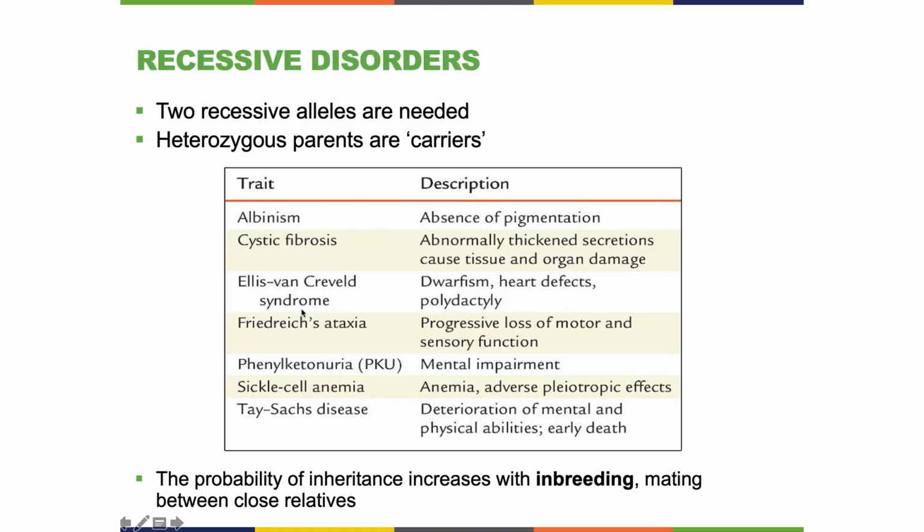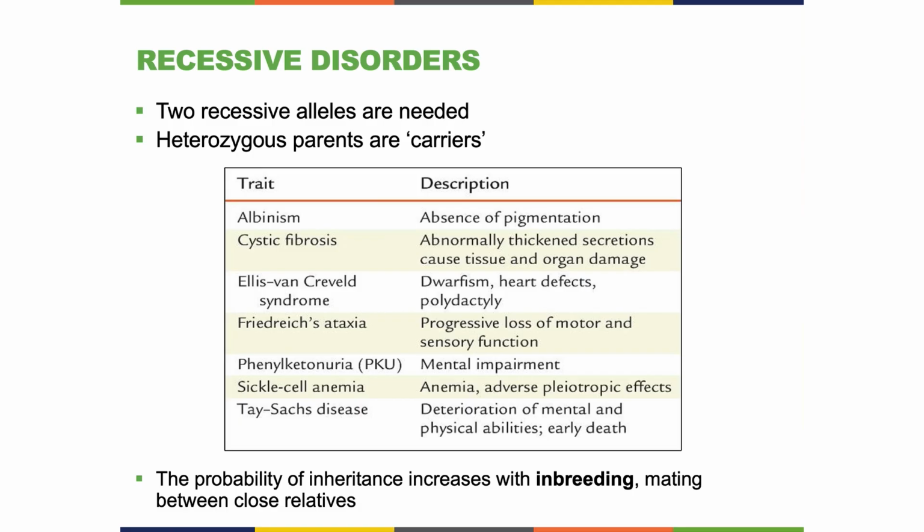Ellis-van Creveld is another that causes a type of dwarfism with heart defects. Friedreich's ataxia messes with your ability to move, motor and sensory function. Phenylketonuria, we already talked about, can't break down phenylalanine. Sickle cell anemia is when your red blood corpuscles aren't flexible and pliable, but they have a rigid sickled shape.